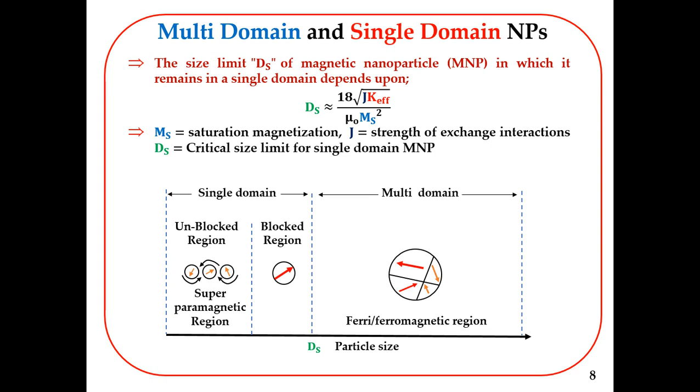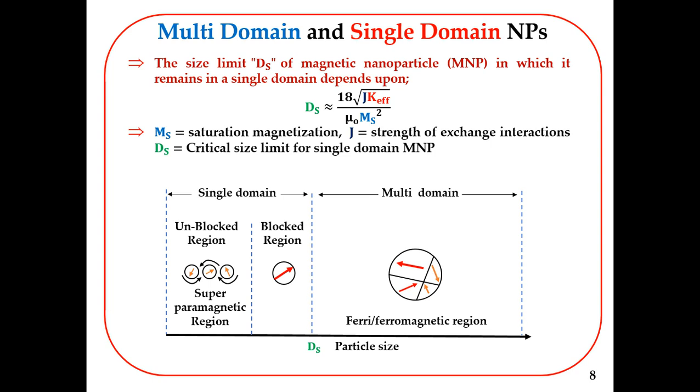The single domain particles can be further classified into two regions, the blocked region and the unblocked region. If we decrease the size of the single domain particle down to a certain limit, their huge single magnetic moment cannot stay blocked in one direction due to thermal fluctuations.